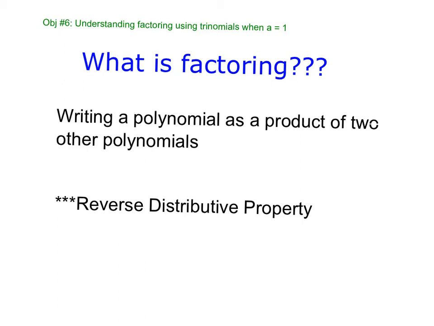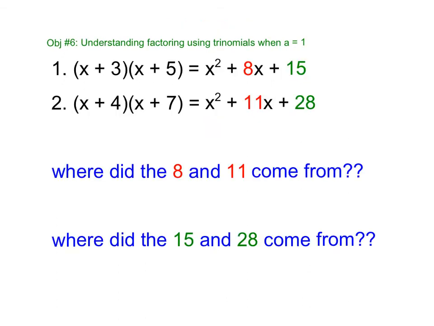That's what we're going to focus on today. Okay. So look at these two problems we did earlier. So we did them a few problems ago. x plus 3 times x plus 5, and this is what we got. And then x plus 4 times x plus 7, and we got this.